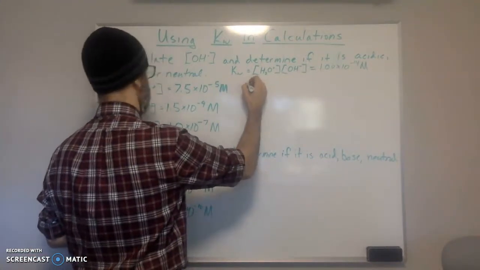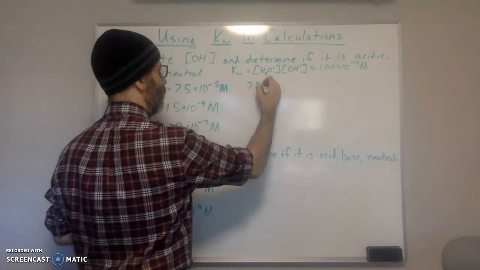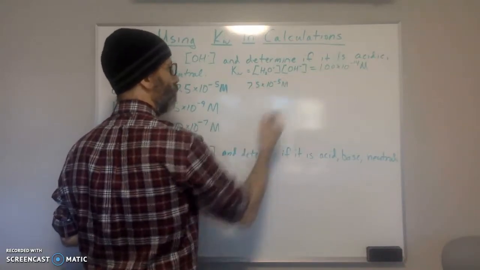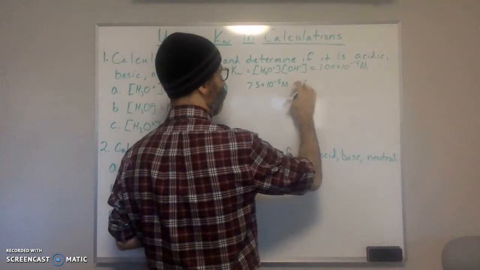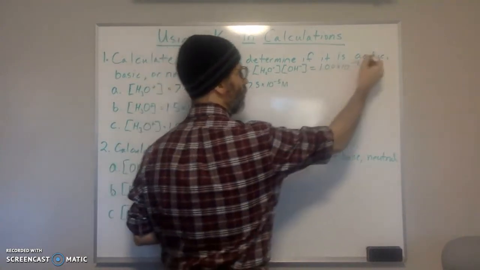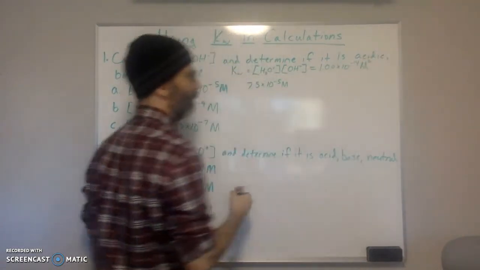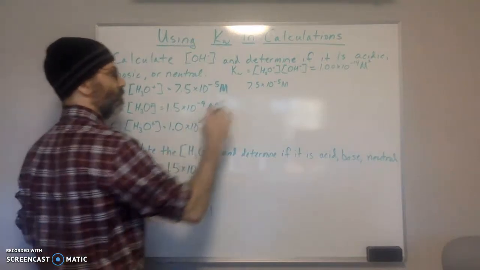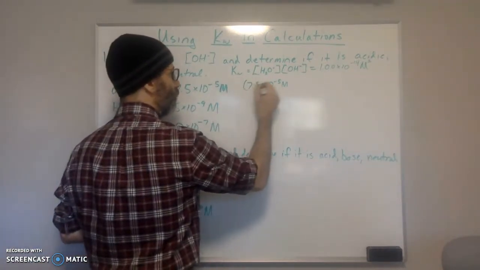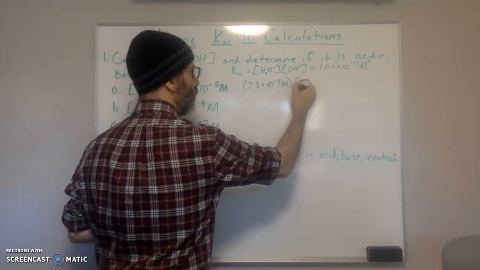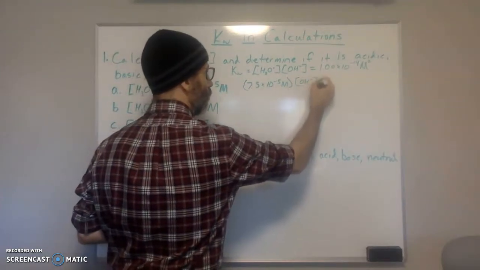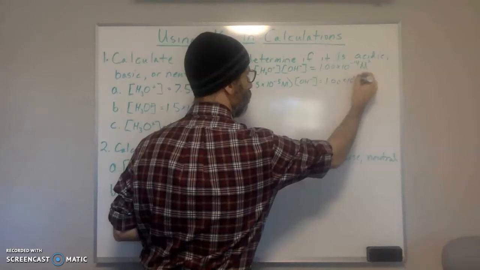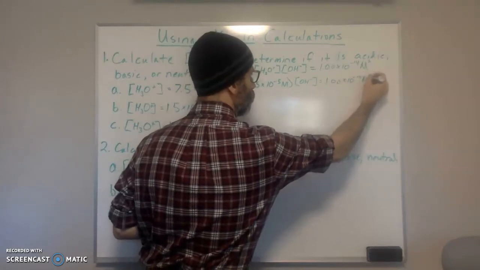So that means we have 7.5 times 10 to the negative 5 molar. And this is actually molarity times molarity, so this should be molarity squared, actually. And so we have this multiplied by the OH minus concentration equal to 1.00 times 10 to the negative 14 molar squared.